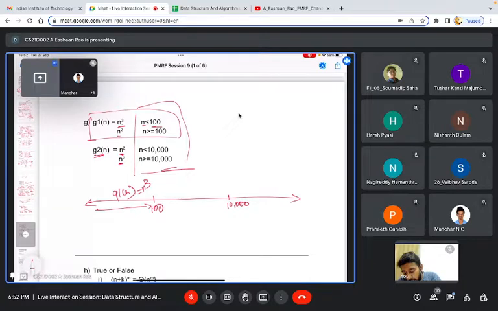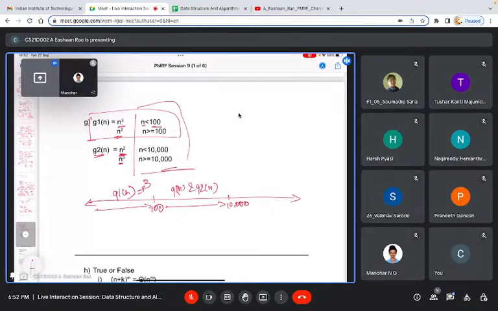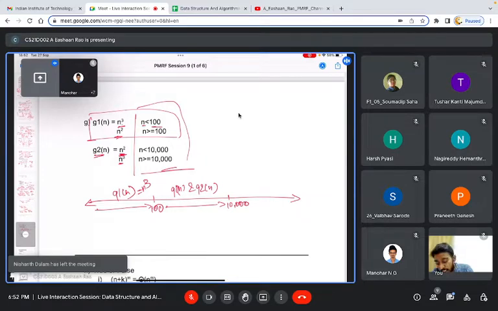Between 100 and 10,000, in both g1n and g2n, this n square has been applied, so both have the same function, n square.